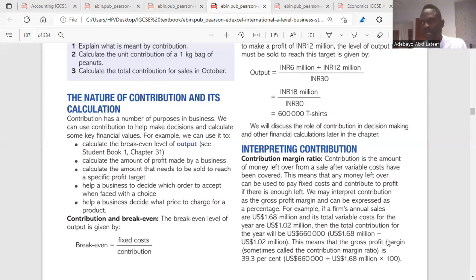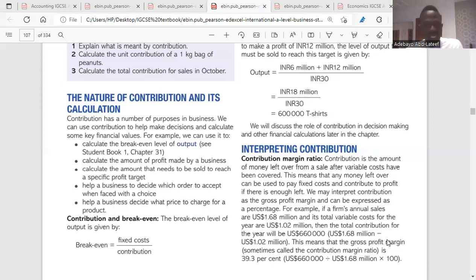Do you understand what I'm saying here? As soon as you cover your variable cost, the amount of money left will be for fixed cost and your profit. So contribution allows you to calculate your profit as a business. I think it's clear.